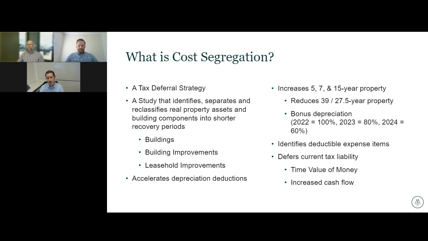So what you end up with is all of this increased accelerated depreciation up in the early years of ownership, meaning you have less taxable income and tax liability to pay today. So the real selling point of this is the time value of money, having more money set aside today to put back into your operations or potentially other real estate projects.